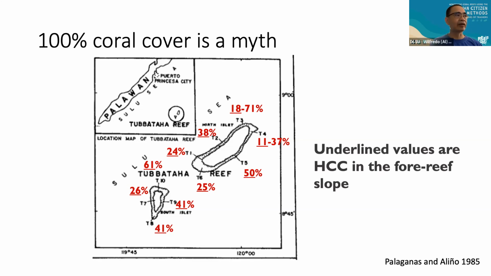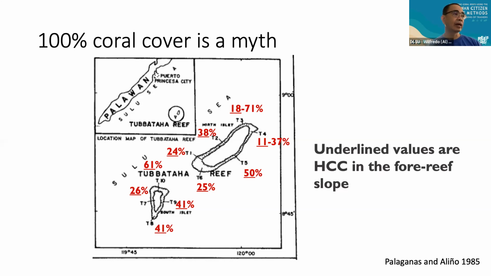Like I said, average ay 33. And as evidence of that statement na 100% is a myth, look at this figure from a paper published in 1985 sa International Coral Reef Symposium. And notice na yung pinakamataas na cover nila is 71%.